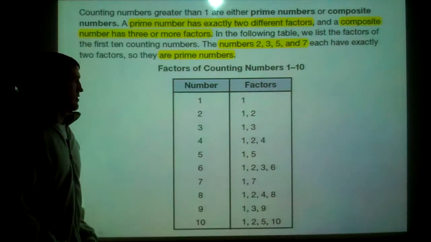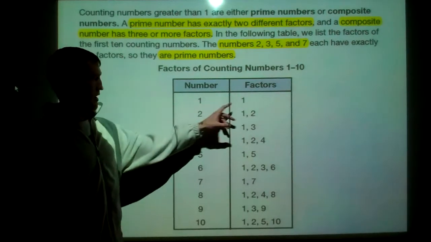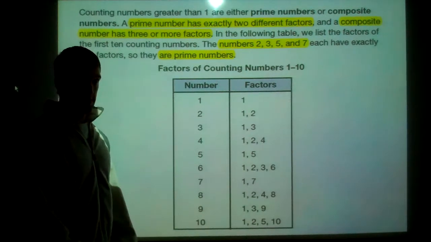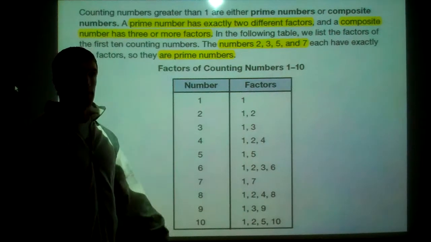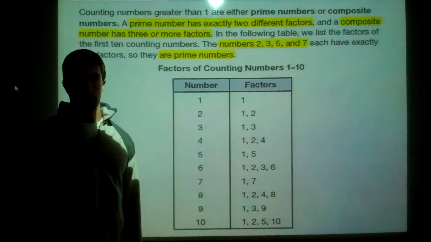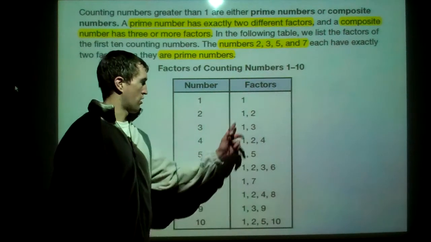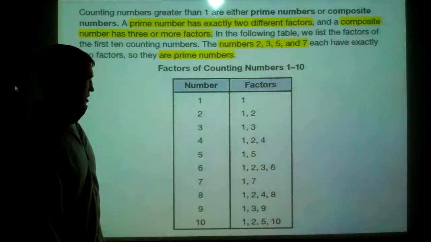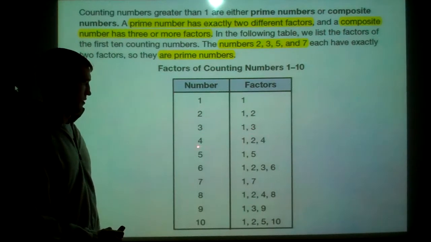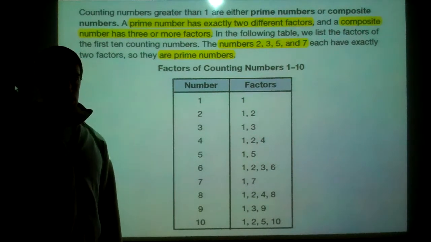So if we look at these, 1 only has 1 factor. So, we'll talk about that in a second. He kind of sits by himself. We look at 2. The only 2 numbers that divide 2 evenly are 1 and 2. 3, same case there. The only things that divide 3 evenly are 1 and itself. 4 has 3 factors. 1, 2, and 4 all go into it.